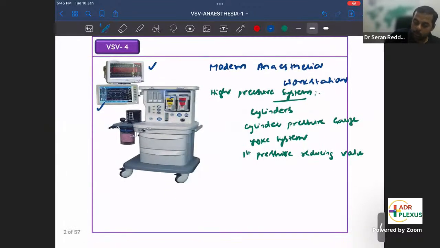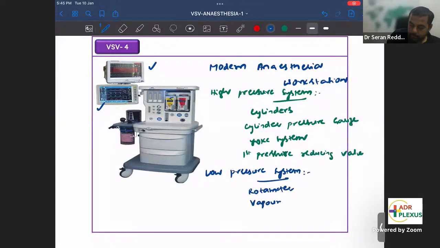Then coming to the low pressure system, three things: rotameter, vaporizer, and common gas outlet. Rest all belongs to the intermediate pressure system.